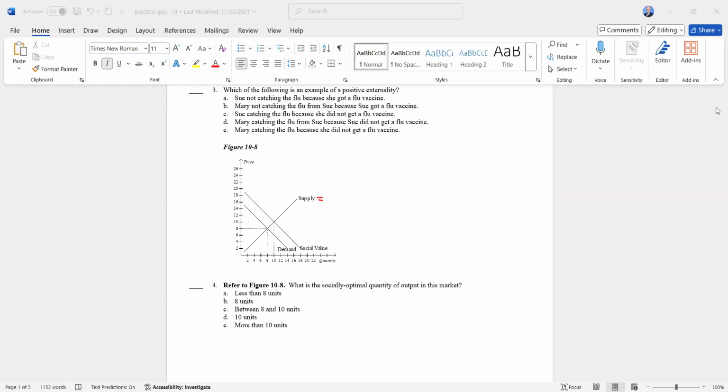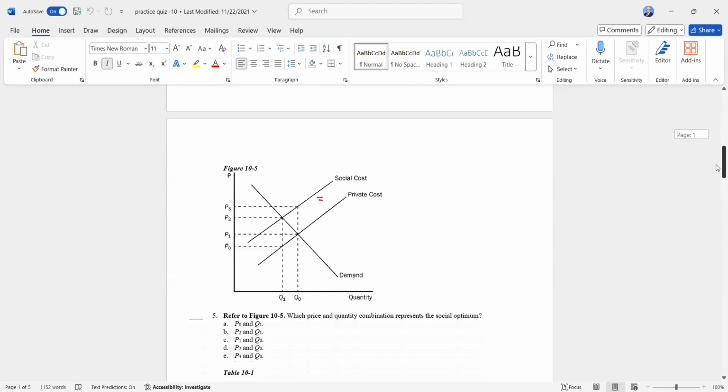Scroll down to number 5. Okay, another graph. If I'm going from private to social cost, I know it's a negative externality. It's a supply, so it's on the producer. So this would be marginal private cost, marginal social cost.